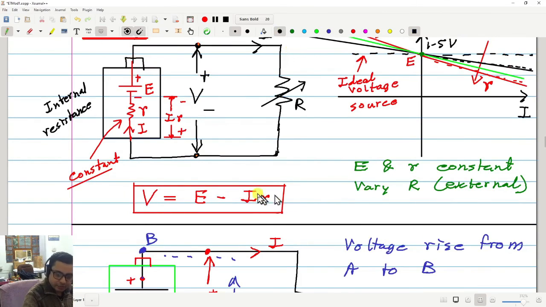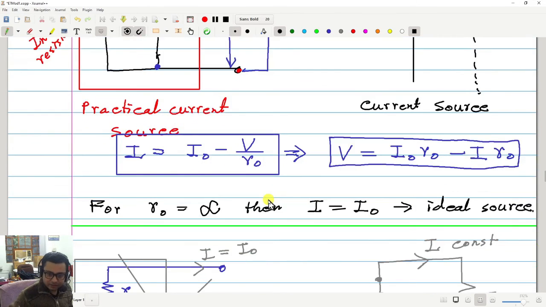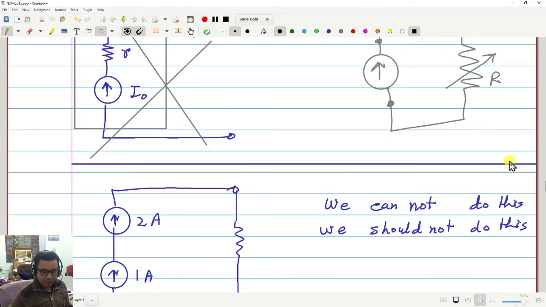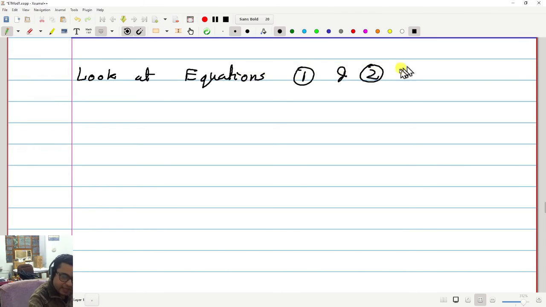Here, let me call this equation number 1: V equal to E minus IR. And look at this equation number 2: V equal to I naught R naught minus I R naught. Now look at these two equations, 1 and 2.